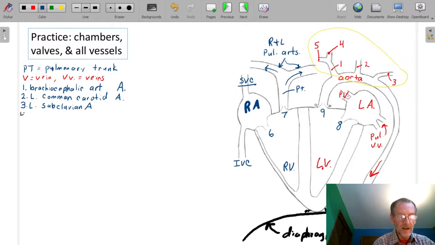Four and 5 branch from the brachiocephalic artery. So number 4 is the left common carotid artery.